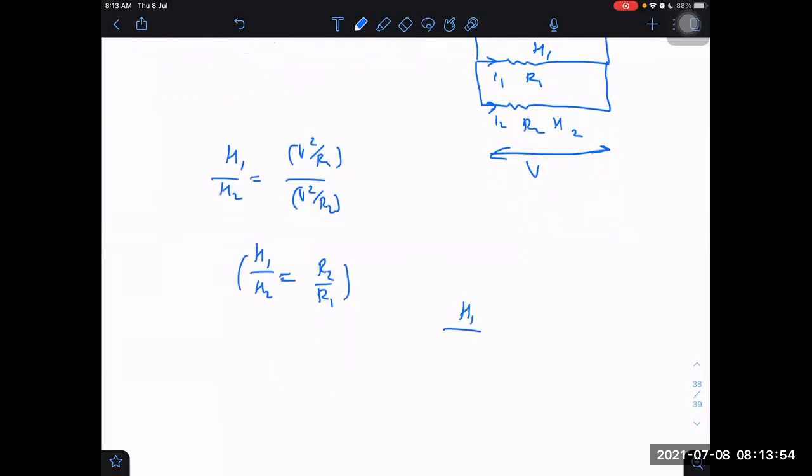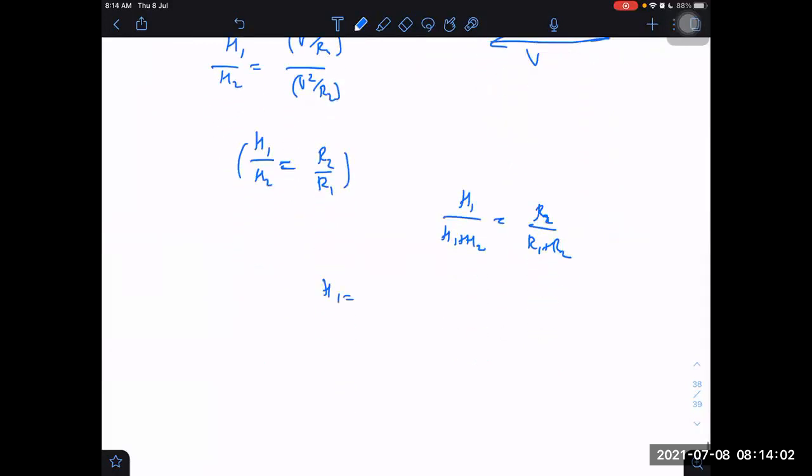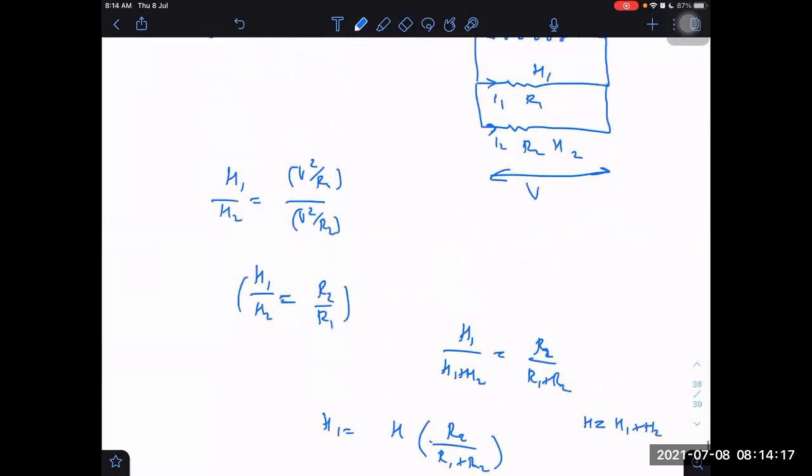Then H1 upon H1 plus H2 will be R2 upon R1 plus R2. Then H1 will be equal to the total heat H, which is H1 plus H2, into R2 upon R1 plus R2. And the total heat energy dissipated will obviously be equal to half of L into I square, whatever I was there initially.